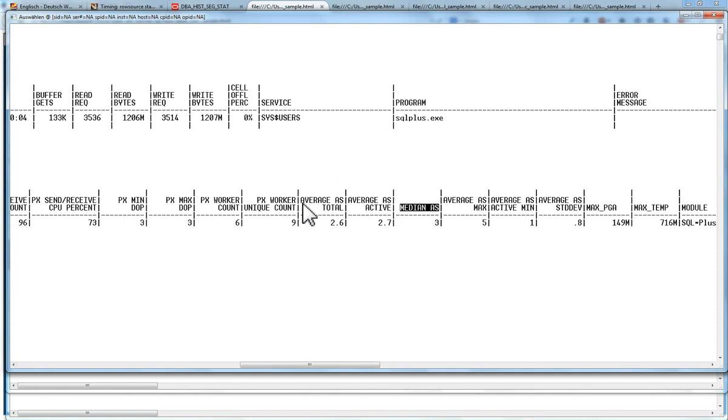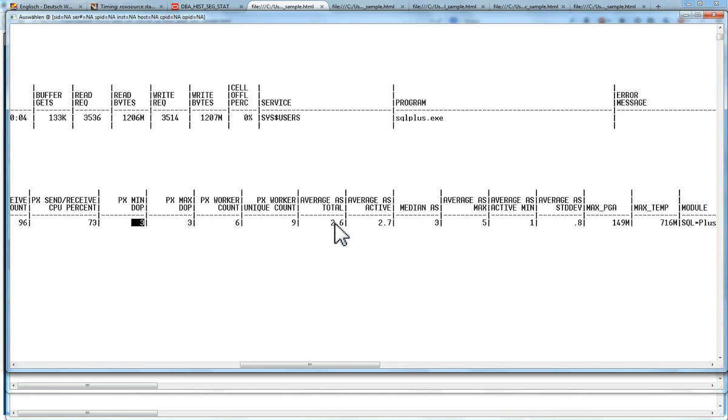One thing that you can already tell from this average value, at least here, is that if this average value is far below the degree, so we have here a degree of 3 and 2.6 and 2.7 average active sessions is not too far below that. But if this was, for instance, a degree of 16 and you had here an average active sessions of only 3 or 4 or 5, then having this lower average value is a clear indicator that there is a problem with the work distribution.